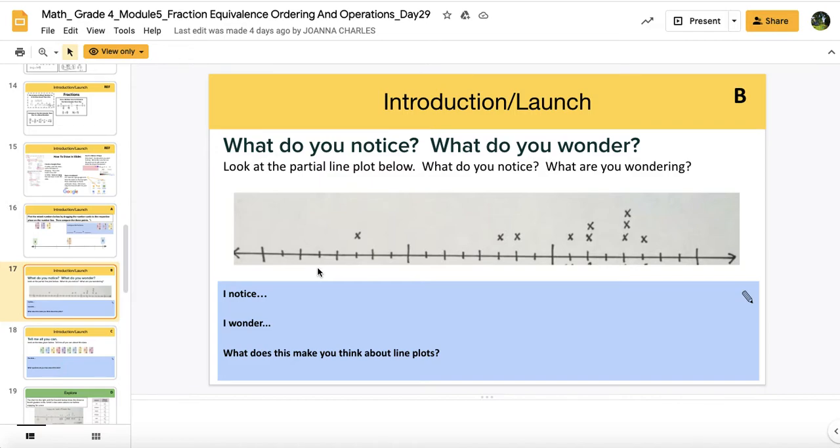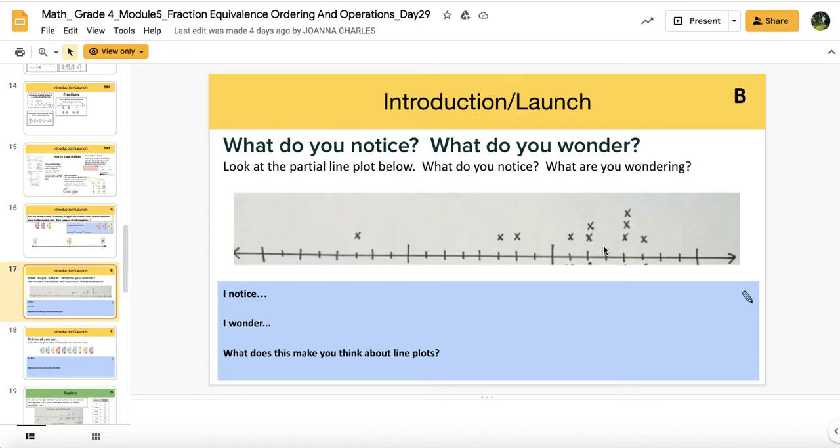Your students might also let you know that they're wondering why some have more X's than others. Others might notice that some have 1 X, some have 2 X's, and some have 3 X's. Some students might also notice that there is one X that's further away than all the other X's.